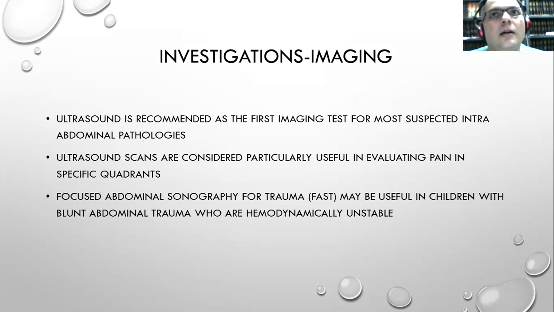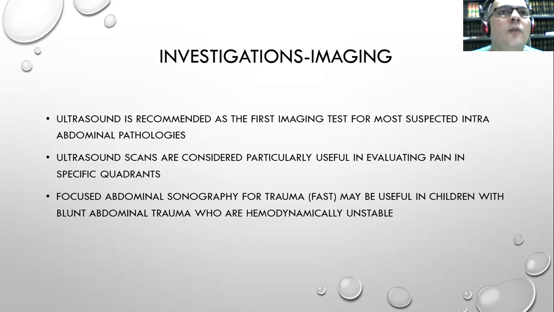Ultrasound is a more reliable investigation as compared to X-ray and is nowadays recommended as the first imaging test for most suspected intra-abdominal pathologies. Ultrasound scans are considered particularly useful in evaluating pain in specific quadrants. So if you inform the sonologist that the pain is in the right lower quadrant, he would investigate more in that area.